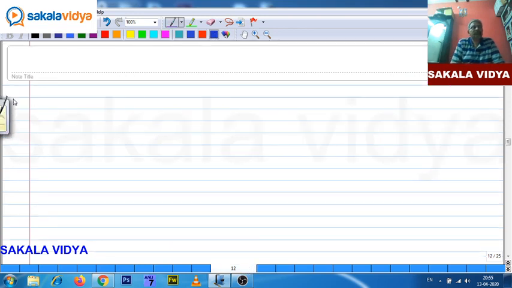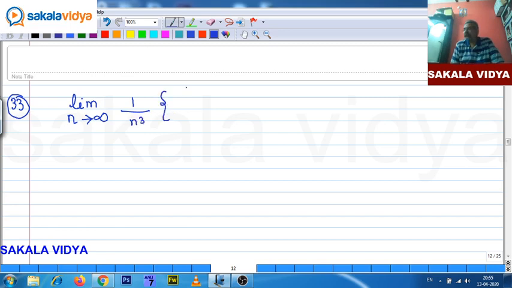33rd problem. Okay, 33rd problem. Limit n tends to infinity (1 by n cube) into (1 plus 3 plus 6 plus and so on plus n into n plus 1 by 2).